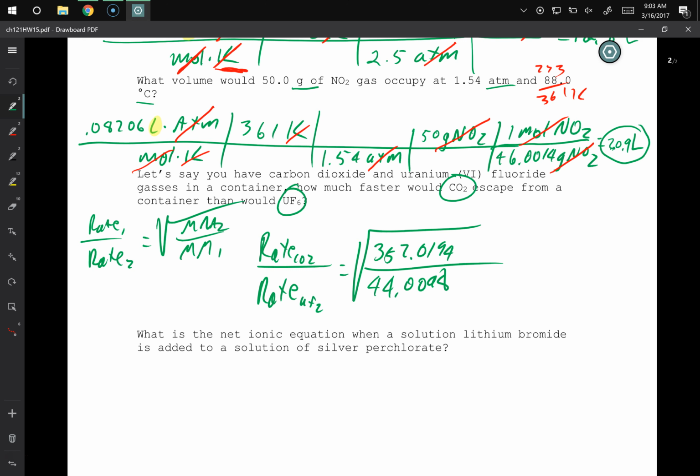They're just the numbers off the periodic table for carbon dioxide and uranium-6 fluoride. The atomic masses, yeah. So that top one is a uranium and 6 fluorines, and the bottom one is a carbon and 2 oxygens. Square root of 352. And you'll get 352 out of that.